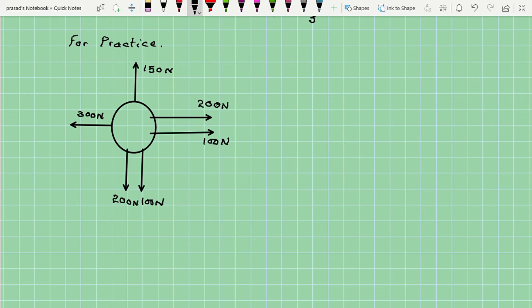So in this case, you have to find the size and the direction of the resultant force.